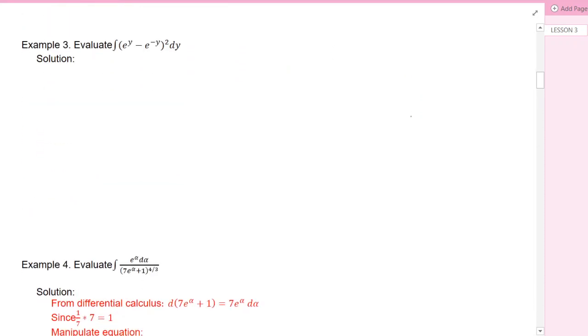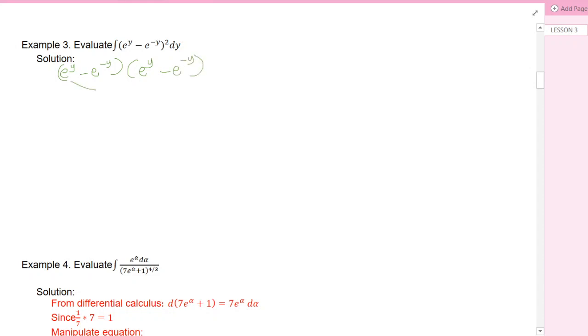Okay, next, for this one, let us evaluate e raised to y minus e raised to negative y. Let us expand. Okay, so multiplying that, it will give us e raised to y minus e raised to negative y multiplied by e raised to y minus e raised to negative y.